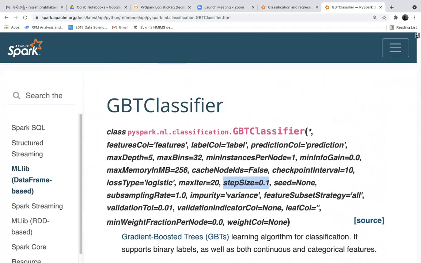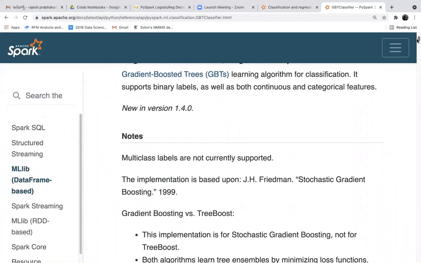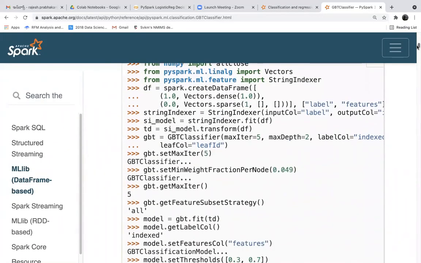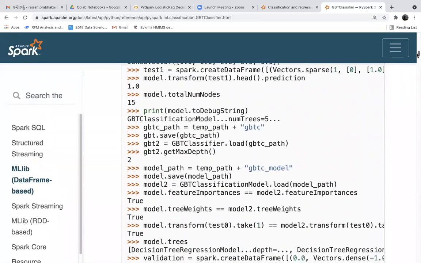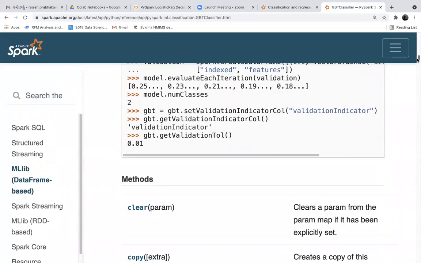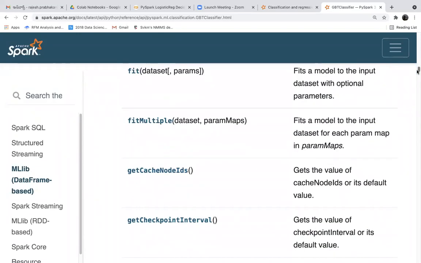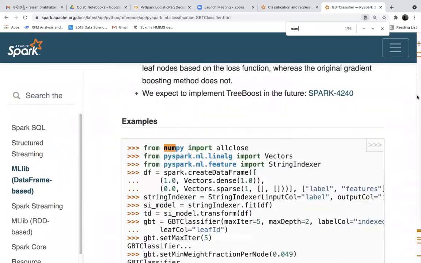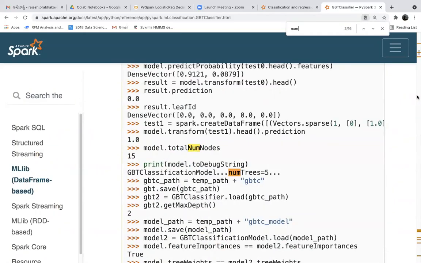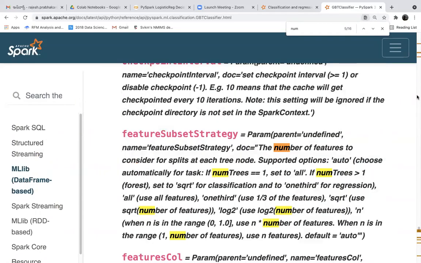So maxBins, checkpoint interval, iterations, number of trees. So feature subset strategy.